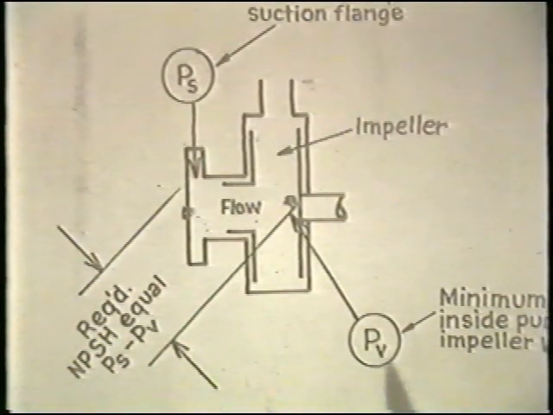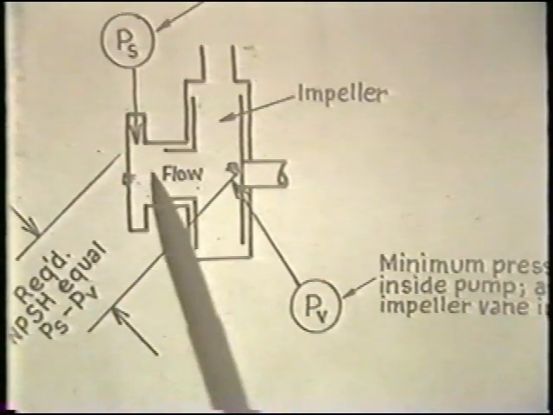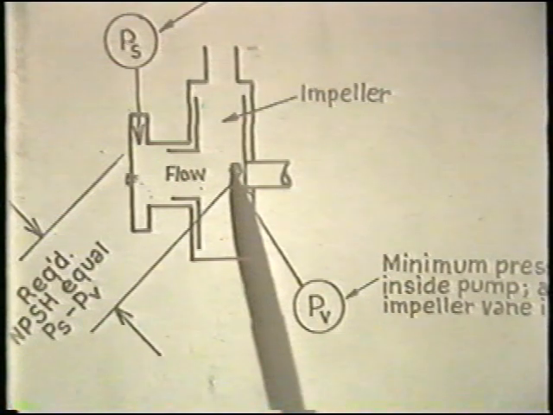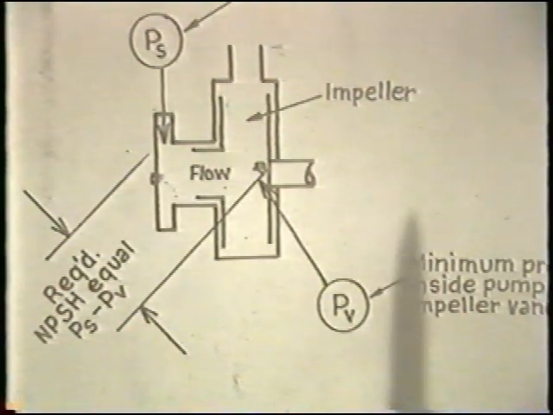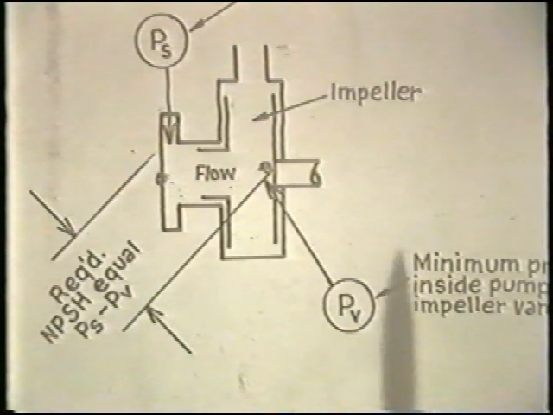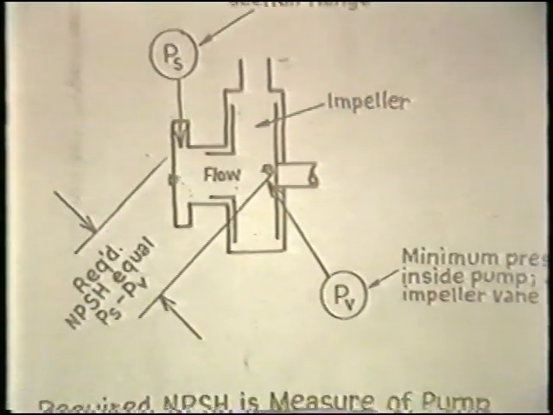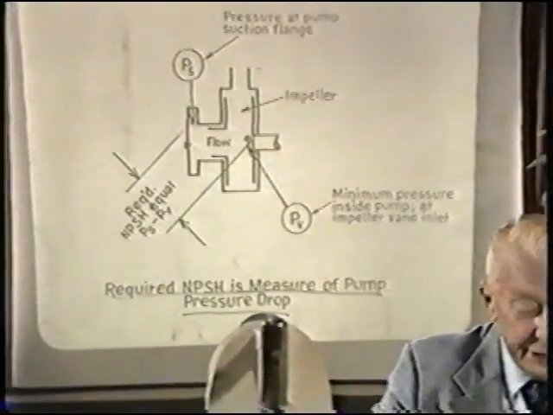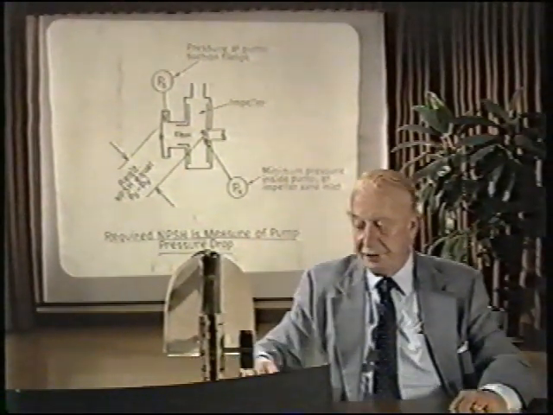Now then, required NPSH is simply a statement of the pressure drop occurring from the suction of the pump to the inside of the pump during operation. So let's remember that required NPSH is a measure of the pump pressure drop. Now, how is this pressure drop illustrated?